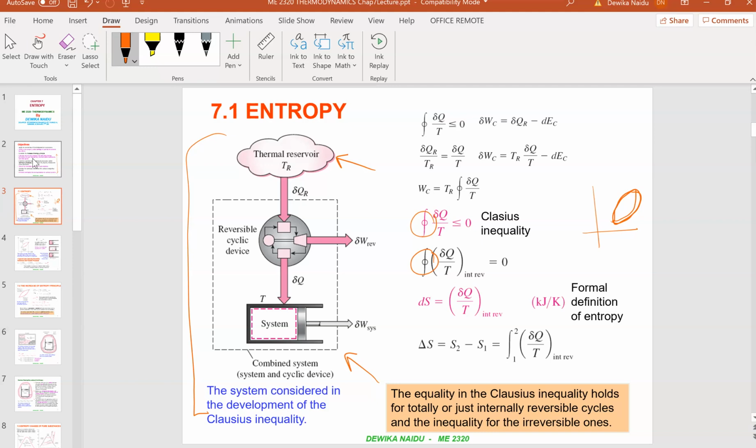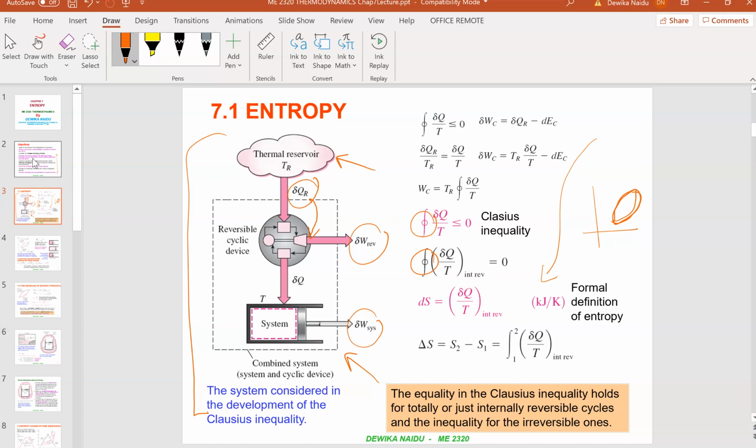The cyclic device receives a heat QR from the reservoir, and supplies heat to the whole system down here, whose temperature at the part of the boundary is T, while producing the work, W reversible. The system produces work as well. So as a result of the heat transfer, applying the energy balance and combining them, you will get all these equations here.